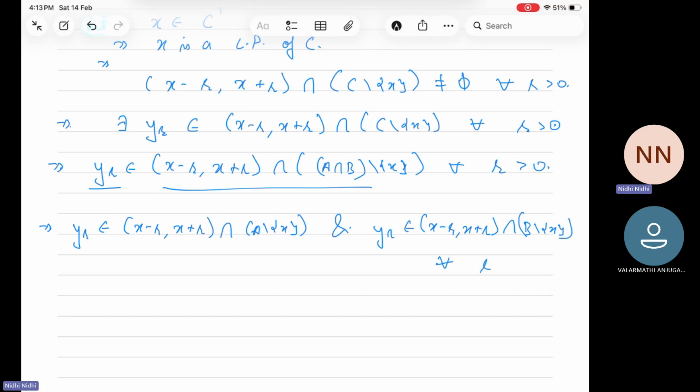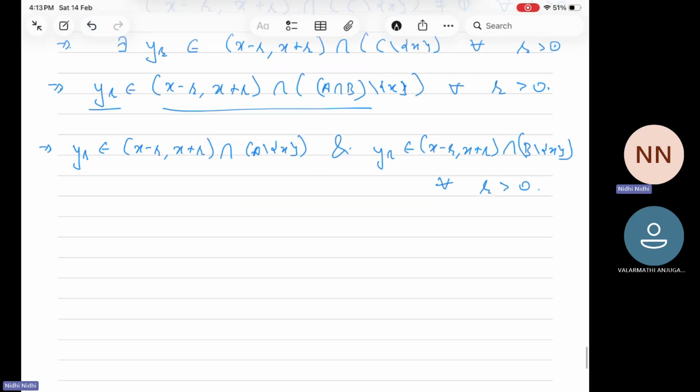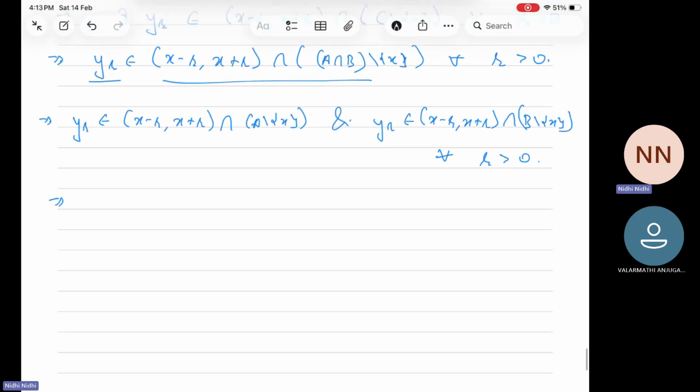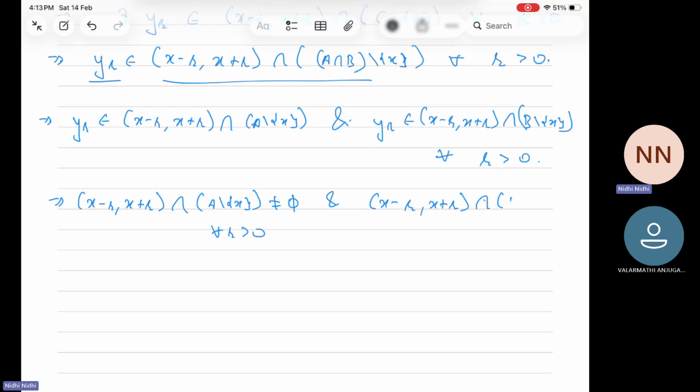This is happening for every r positive. Now this implies that the interval (x minus r, x plus r) intersection A minus singleton x is non-empty for every r positive, and the interval (x minus r, x plus r) intersection B minus singleton x is non-empty for every r positive.